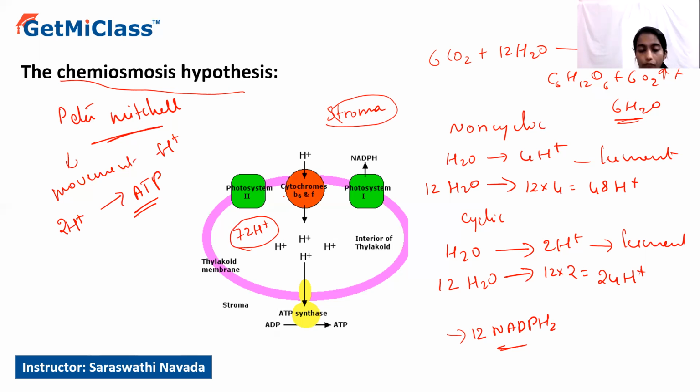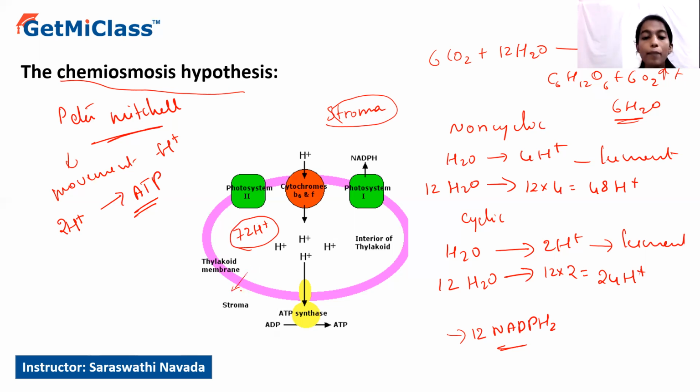Here the main thing is, when the hydrogen ion has to move to the stroma, it has to pass through the thylakoid membrane, right? But the problem is that the thylakoid membrane takes in hydrogen ions, but it is impermeable to the outflux of hydrogen ions. It won't allow the hydrogen ions to come out of it.